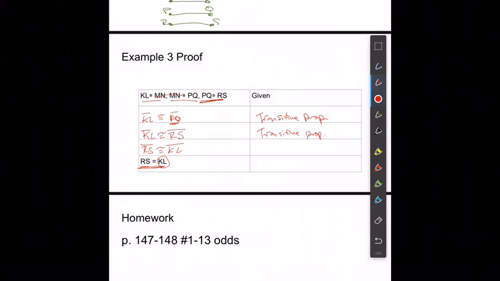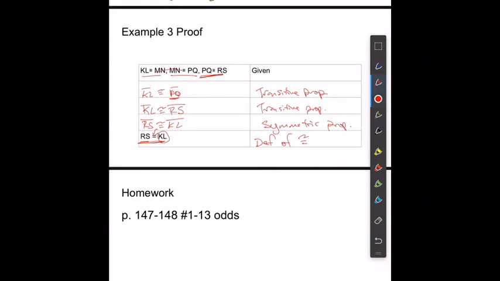The reason that I can flip that order is from the symmetric property, which we already talked about. Symmetric property. Then I need to go from congruent to equals. That's my last step. The way that I go from congruent to equals is always my definition of congruence. All right, so that's example 3's proof.